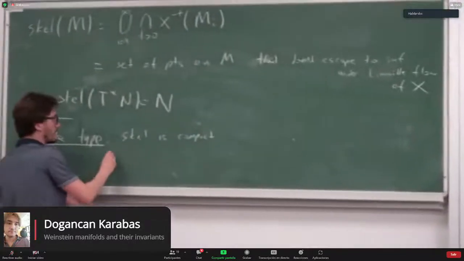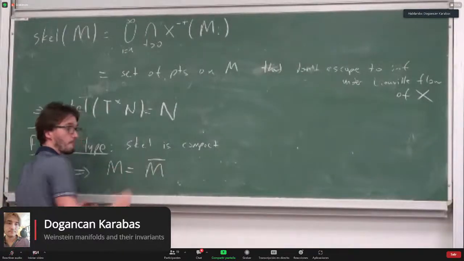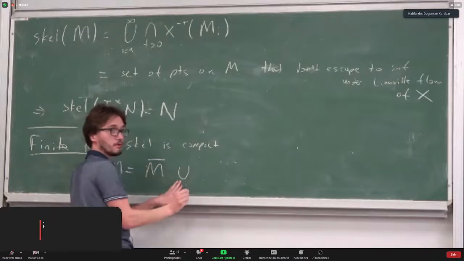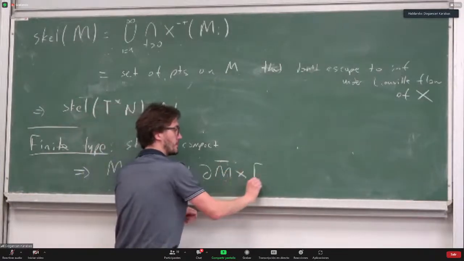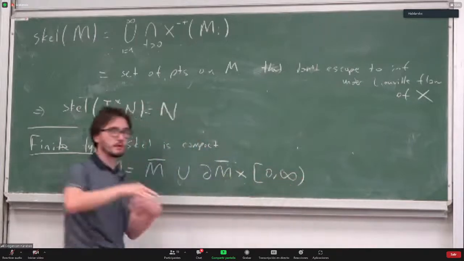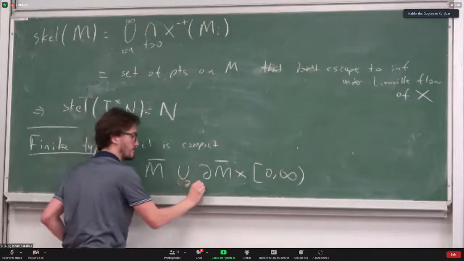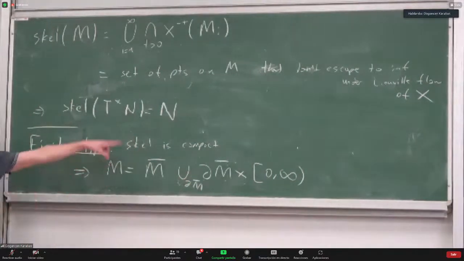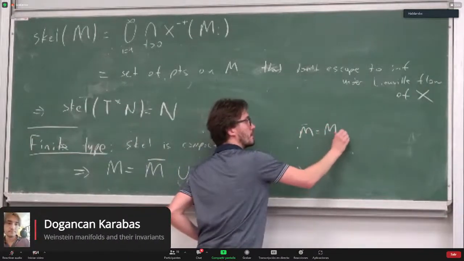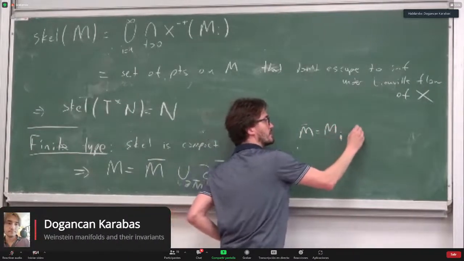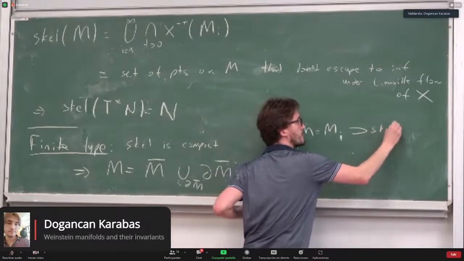In that case, you can write M as M bar union its boundary times some ray, okay? The cylindrical structure happens along this. Here M bar is one of these Mi, which contains the skeleton.